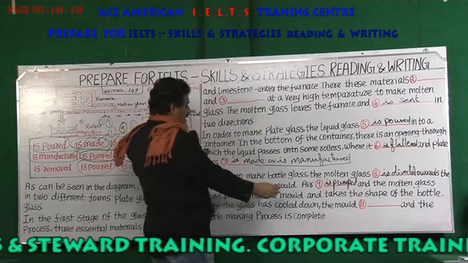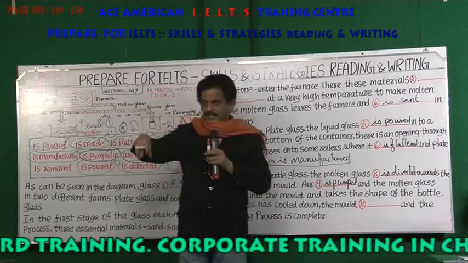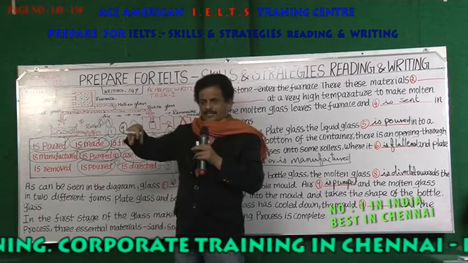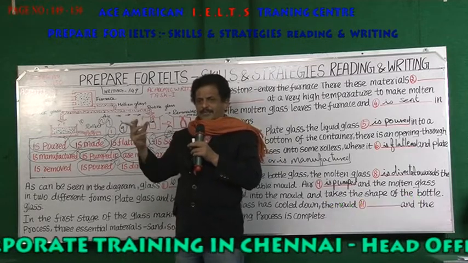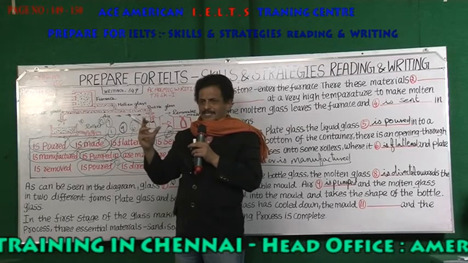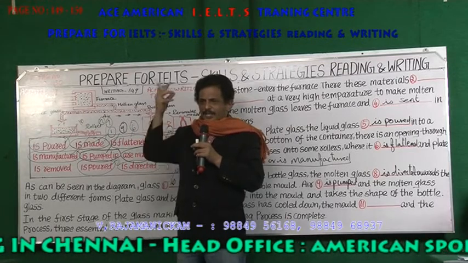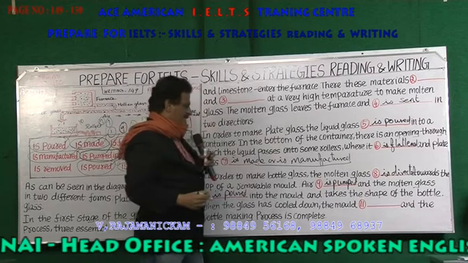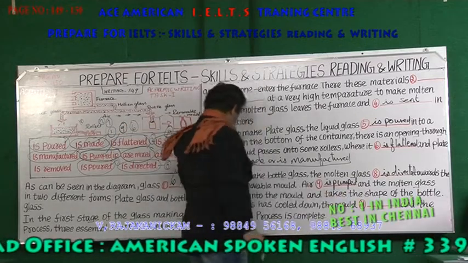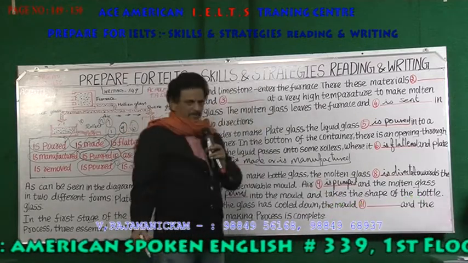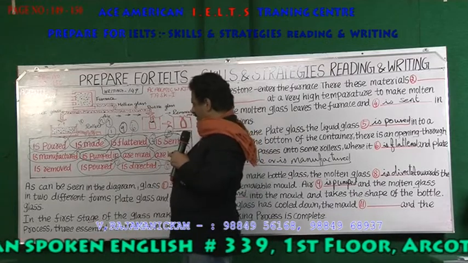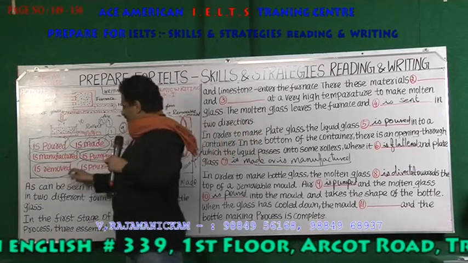When the glass has cooled down, it is poured in liquid form, and after that you just cool it down. What happens? It takes the solid form. So what happens? The mold, number 11, is removed.